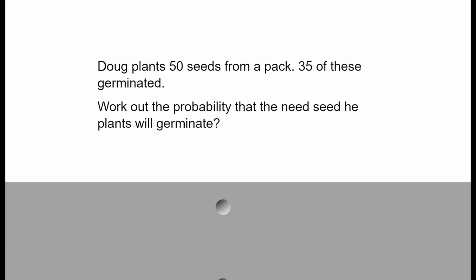So Doug plants 50 seeds from a pack. 35 of these seeds germinate. Work out the probability that the next seed, let's say the next seed he plants, will germinate. So the probability is going to equal the desired outcomes.